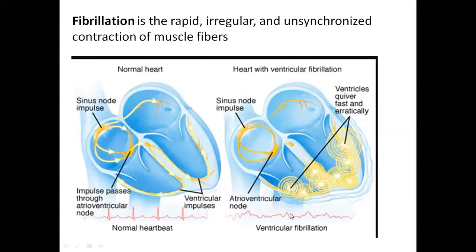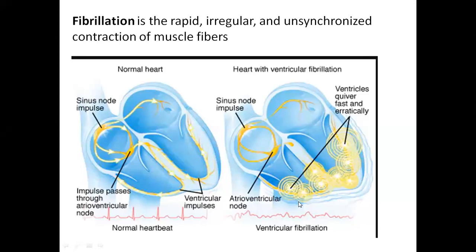The ECG waveform will be like this, which is nothing but improper contraction of the ventricular muscles. This is called ventricular fibrillation.